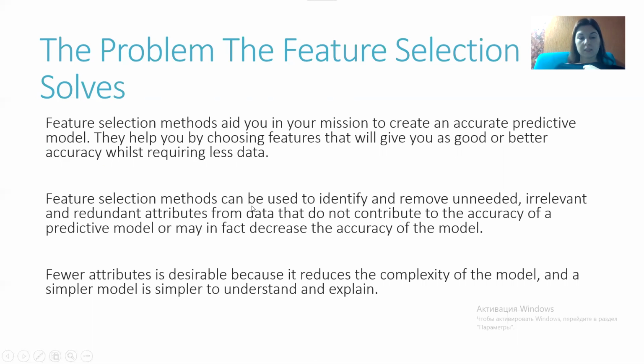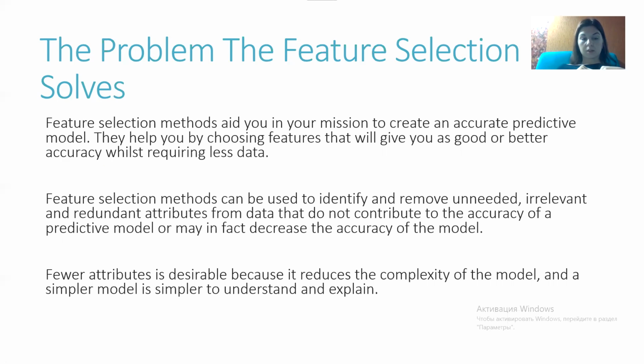Feature selection methods can be used to identify and remove unneeded, irrelevant, and redundant attributes from data that do not contribute to the accuracy of a predictive model or may in fact decrease the accuracy of the model if you have some noisy attributes.